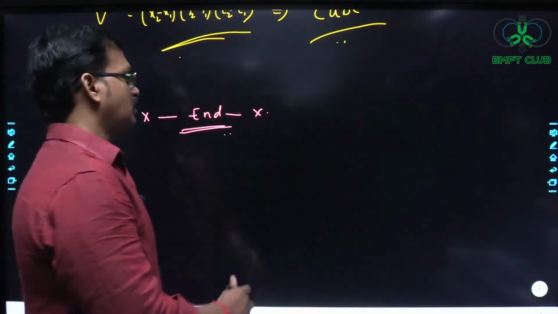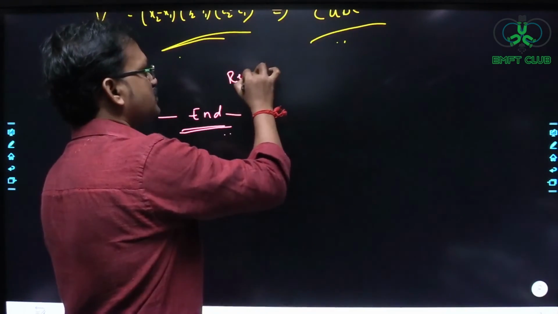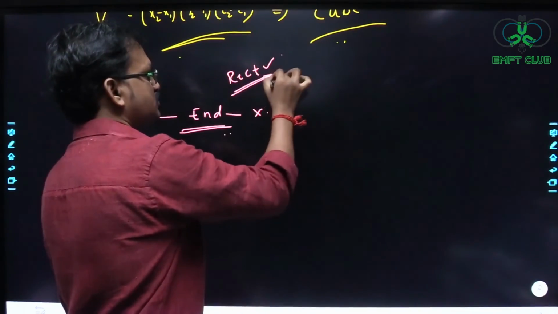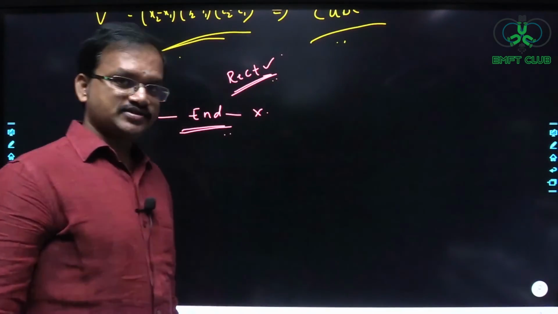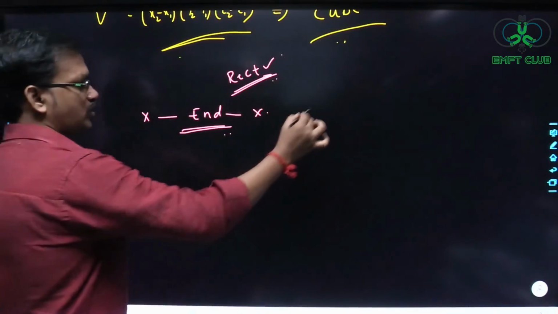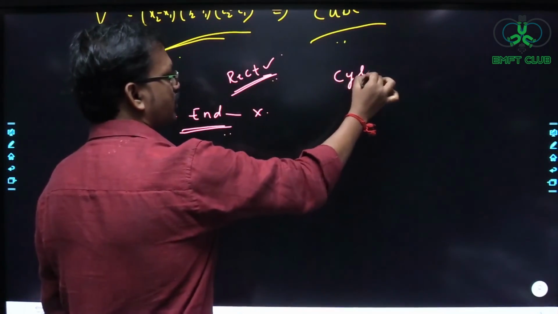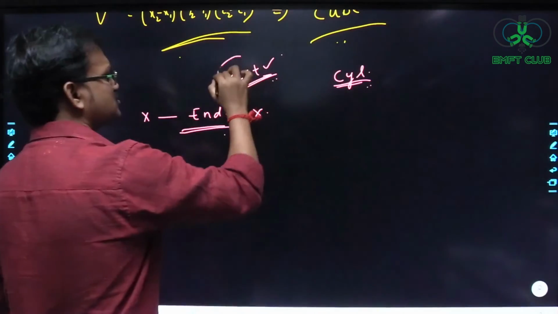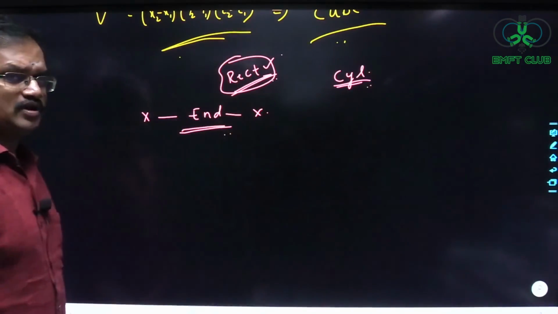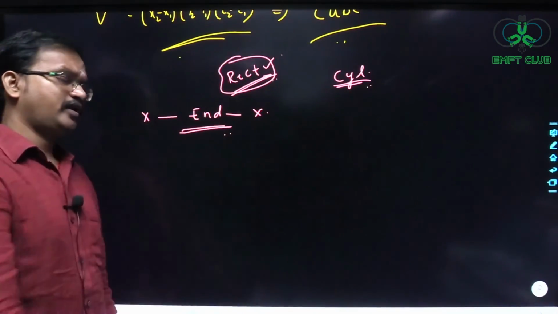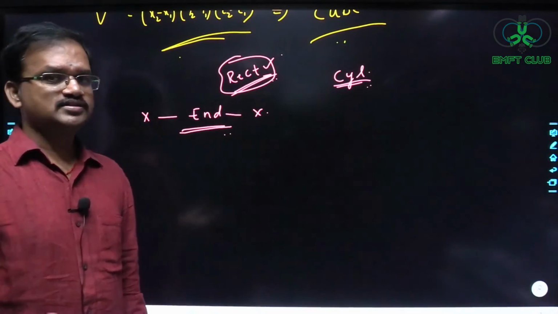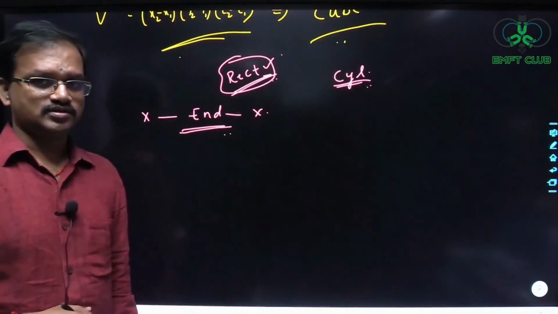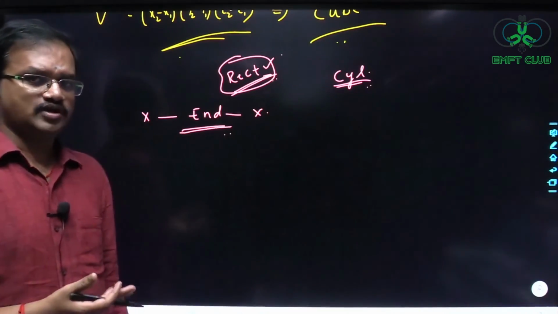With this, the rectangular coordinate system is completed. This is more than enough. Whatever we have studied up till now is more than enough for the rectangular coordinate system. So you can easily understand this rectangular coordinate system. It is not that difficult.